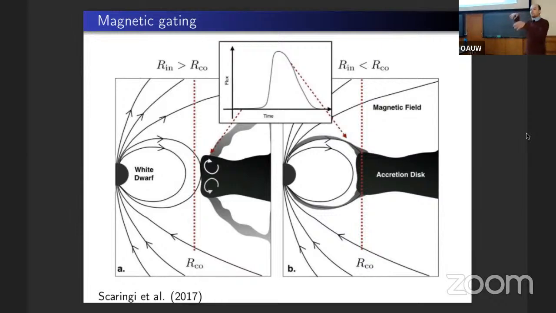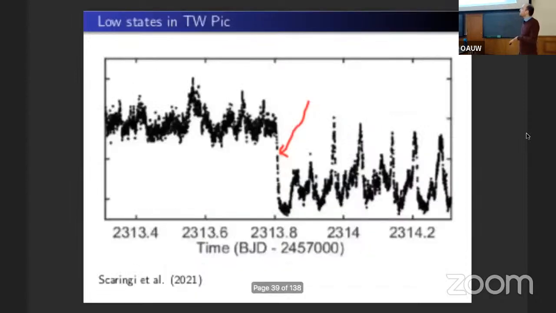And we see mass going onto the white dwarf and a flare. So basically, the thing governing the flares and the low state could be just the relation between the innermost radius and the corotation radius, where the innermost radius is governed by the magnetic field and the pressure from the accretion disk.